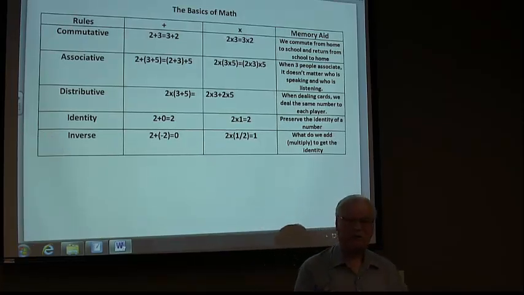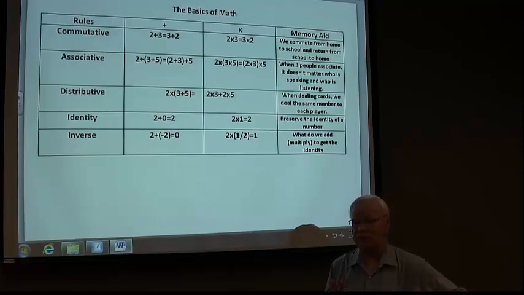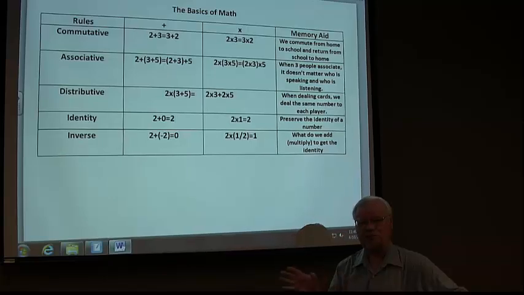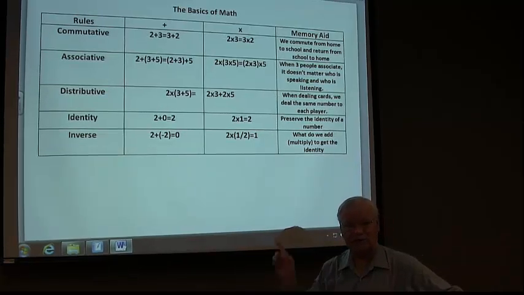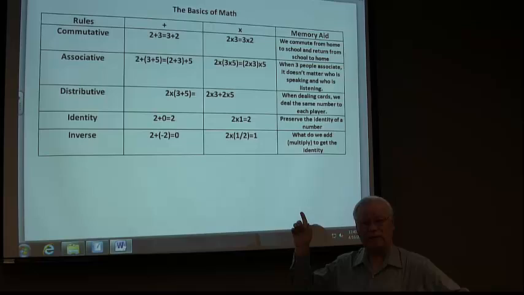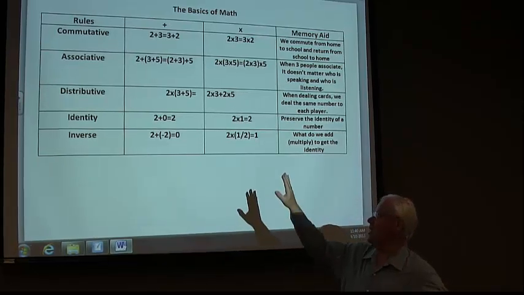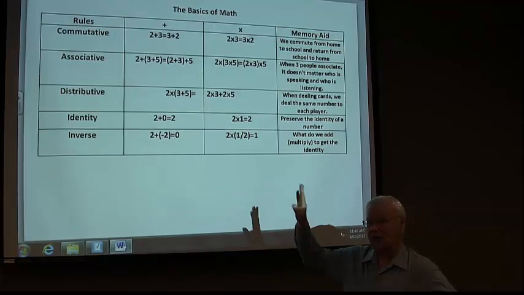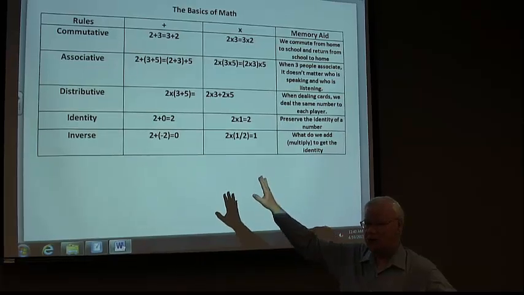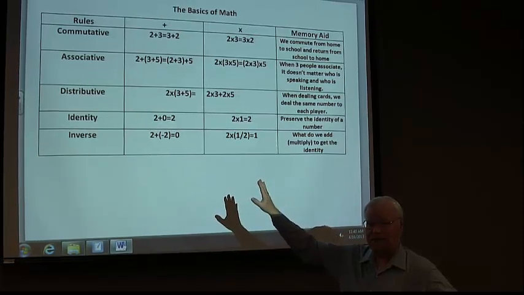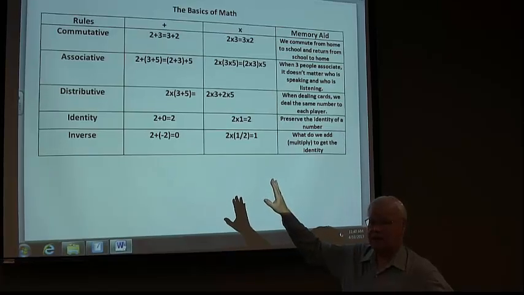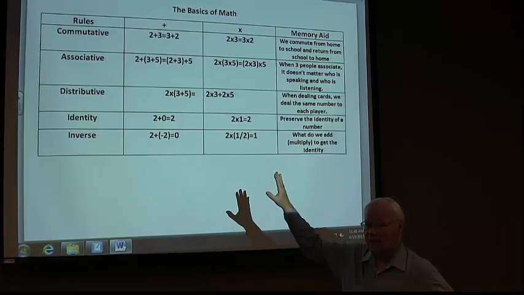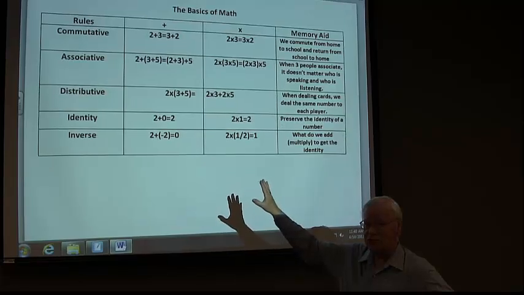So the use of these 5 rules and 2 operations will be key to the rest of this course. If you want to see the mistake that most students end up making, it's in distribution. If you follow through statistically the mistakes that students make, they forget to distribute the 2 to the second number, or whatever it is we're distributing. When we get into letters, all these rules work exactly the way you see them, but when we substitute letters in here, we must be careful that we're using these rules properly.